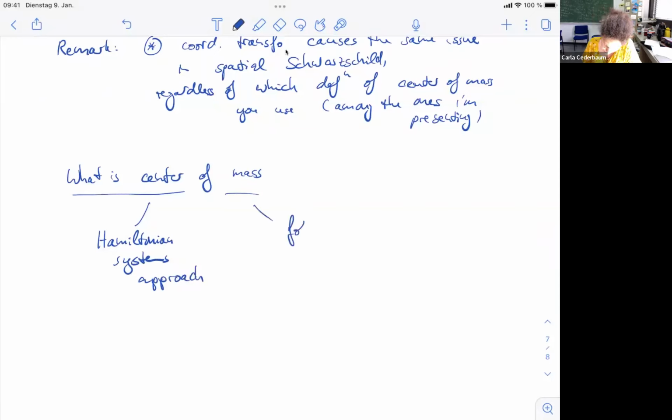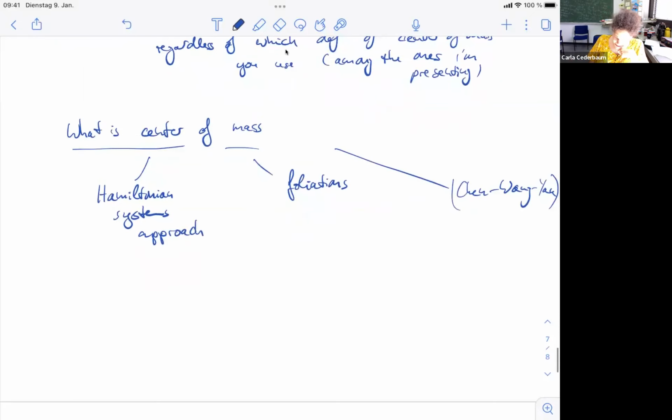And one is via foliations. And then there are others, for example, by Chen, Wang, and Yao, but I'm not going to talk about that here. We expect that they give the same result as the foliation definition that I'll show you today.